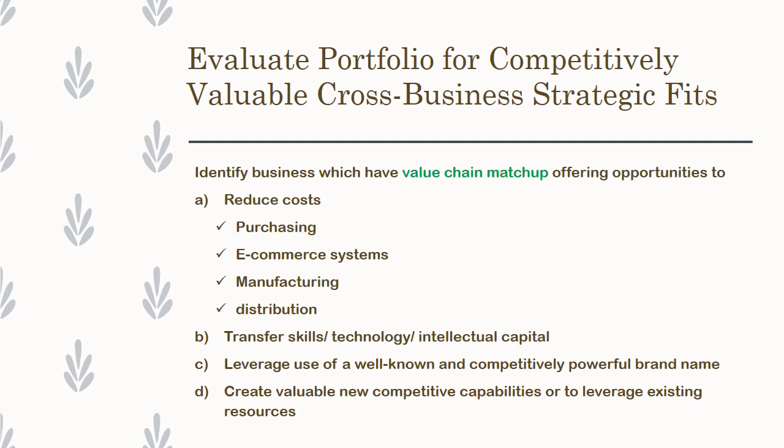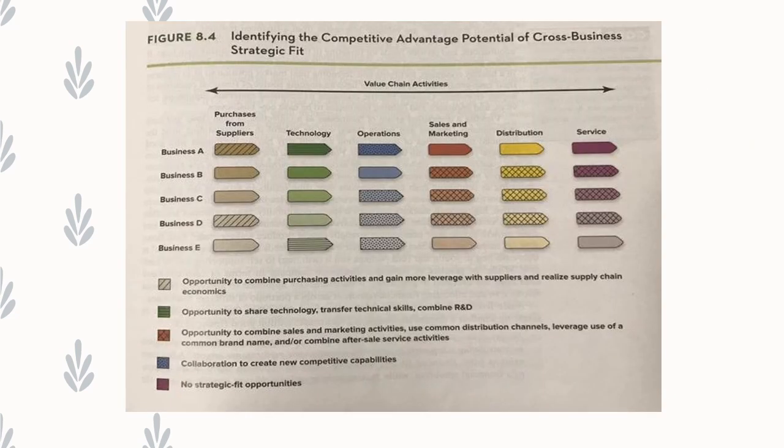It is also to transfer skill, technology, and intellectual capital, leverage use of a well-known and competitively powerful brand name, and lastly to create valuable new competitive capability or to leverage existing resources. Figure 8.4 is identifying the competitive advantage potential of cross-business strategic fit.